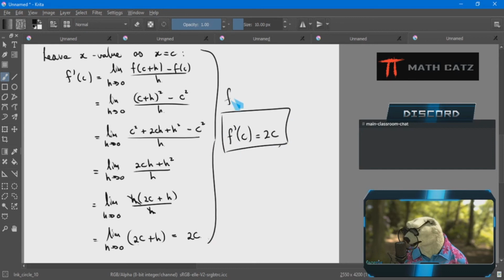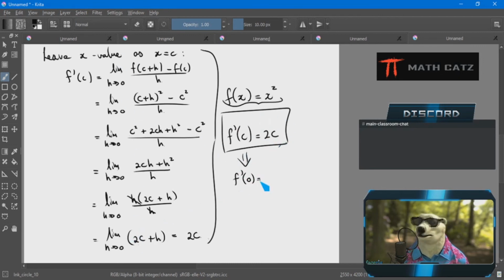So now if my function is x squared, then the derivative at an x value that I've left open and called c is given by the formula 2 times c. So that means if I want to know what happens at 0, I use this box.